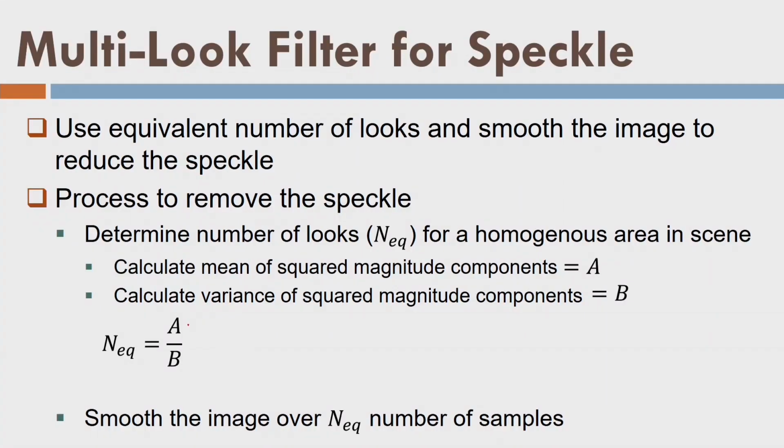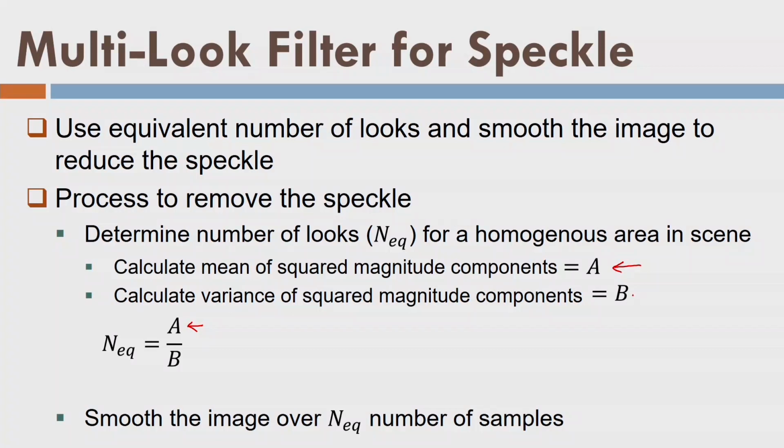Now I take the ratio of this quantity A, which is the mean of all pixel brightness values. Since each image value is a complex number, it can be negative or positive, so we take the square of the magnitude for each pixel. You can say A square plus B square plus C square and so on. So we take the mean. Now for all those quantities A square, B square and so on, we take the variance of those quantities and we call it B.